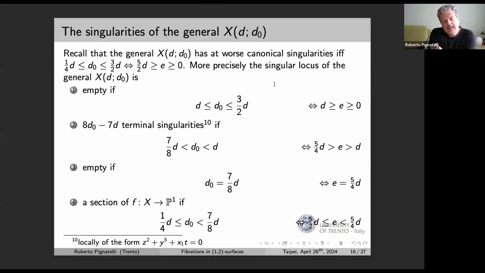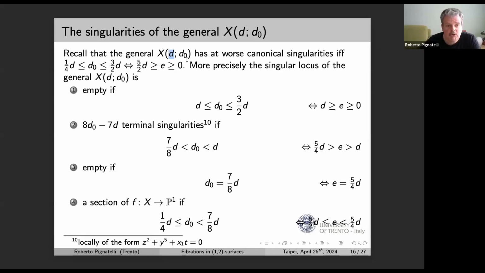And so let me discuss a bit what happens for the singularities of the general element. What I have now is that I have essentially stratified the moduli space. I'm interested in fixing D because I want to study the moduli space, and D is a deformation invariant, so it's natural to fix D, but then you have families where D0 changes in the moduli space.